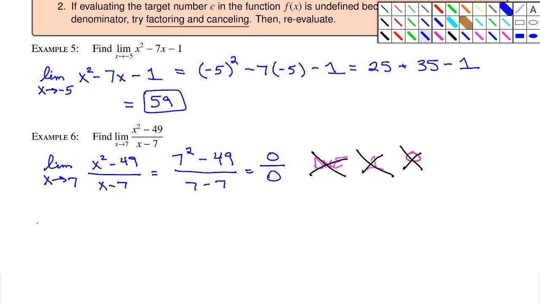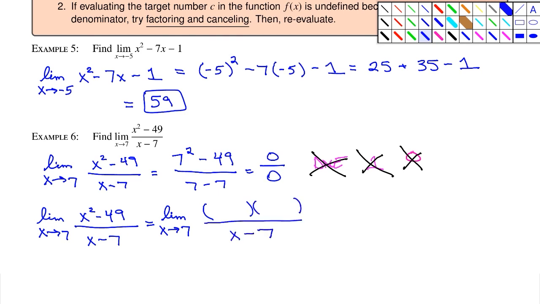So let me write the problem again. The limit as x goes to 7 of x squared minus 49 over x minus 7. And then we have the limit as x goes to 7, and we're going to factor the top. This is the difference of two squares.